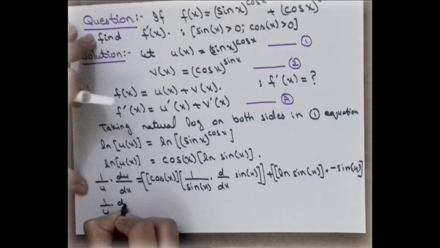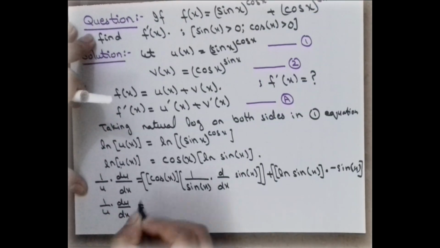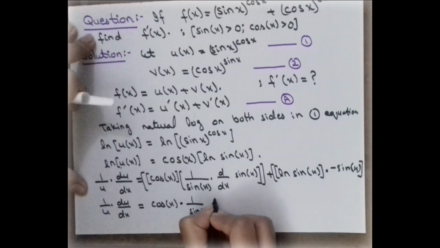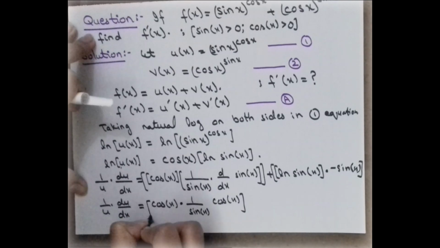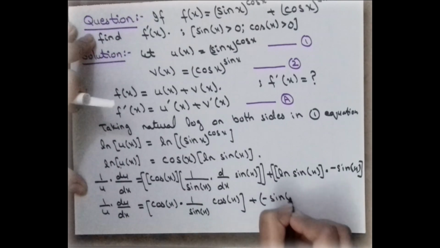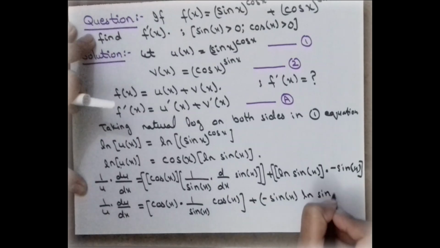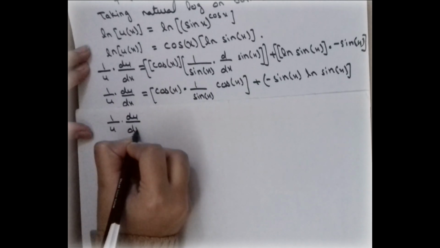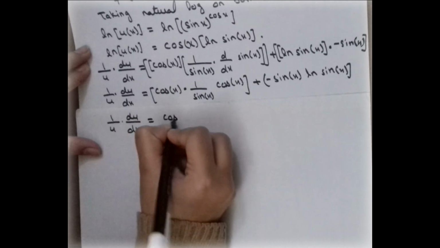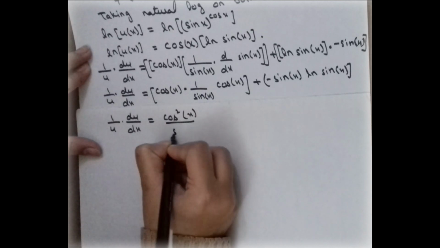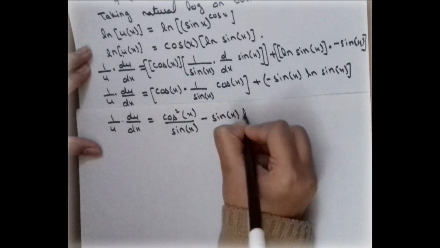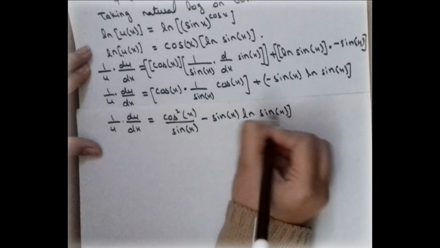So 1 over u times du over dx equals cos of x times 1 over sin of x times cos of x, plus minus sin of x ln of sin of x. Next step, 1 over u du over dx equals cos square of x divided by sin of x, minus sin of x ln of sin of x.